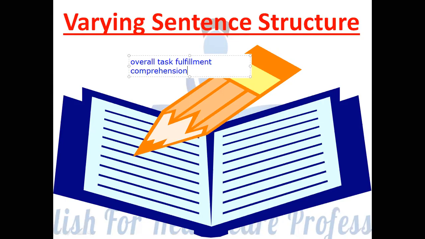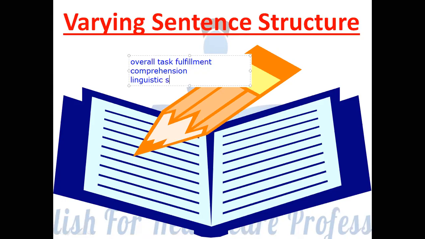So comprehension of stimulus material is basically your understanding of the case notes, but the examiner will be able to evaluate this criteria only if you have presented it in well-framed sentences. So again, this is looking at your ability to understand and put it into the letter, in appropriate sentences. If you are not good at sentence structure, obviously, even in this criteria, your score would get affected. And the third criteria was linguistic skills.